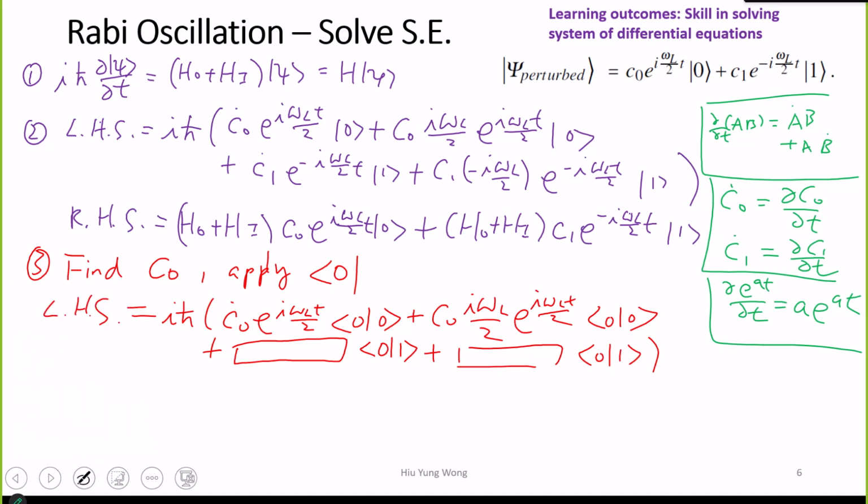So because of this, this can be simplified to i h bar C0 dot e to the power i omega L t divided by 2 plus, because it is 1, I don't need to write it anymore, omega L divided by 2 e to the i omega L t divided by 2. Right? What I'm doing is just, this is 0, this is 0, this is 1, this is 1, so I only have this left over.